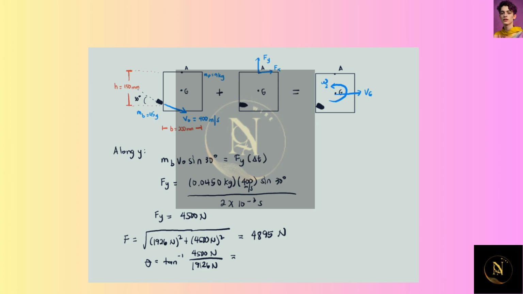Okay, so this is equal to 66.8 degrees. So, hence, the impulsive reaction force is equal to 4,895 newtons, 66.8 degrees from the x-axis or north of east.